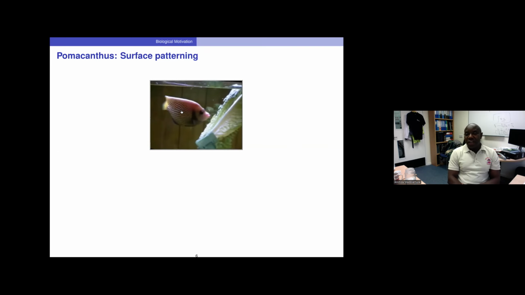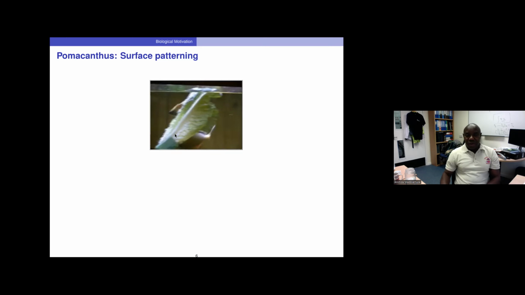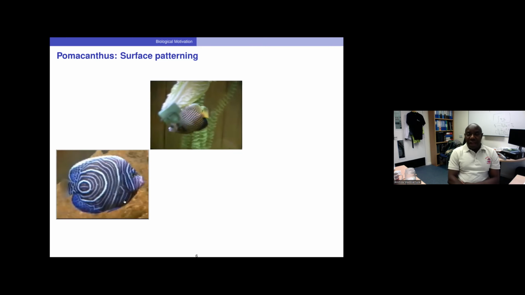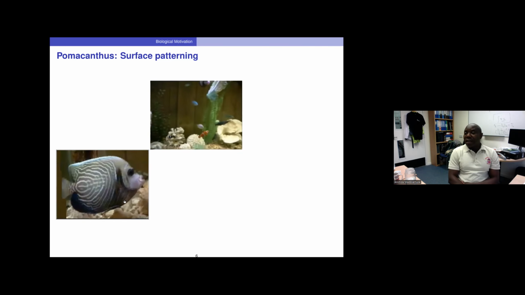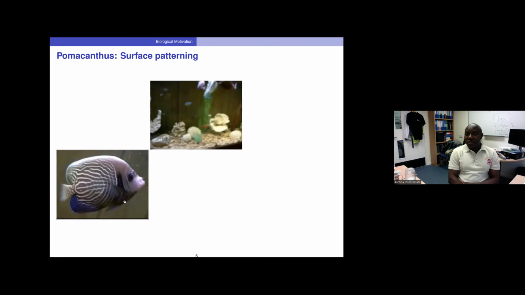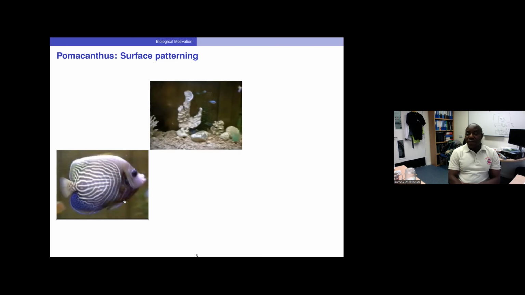Luckily, we live in a real-time world where we can video record some of these processes. So by chance, you had your recording going on behind, and you observe patterning in real time, from circular stripes to stripes, as the fish is growing.